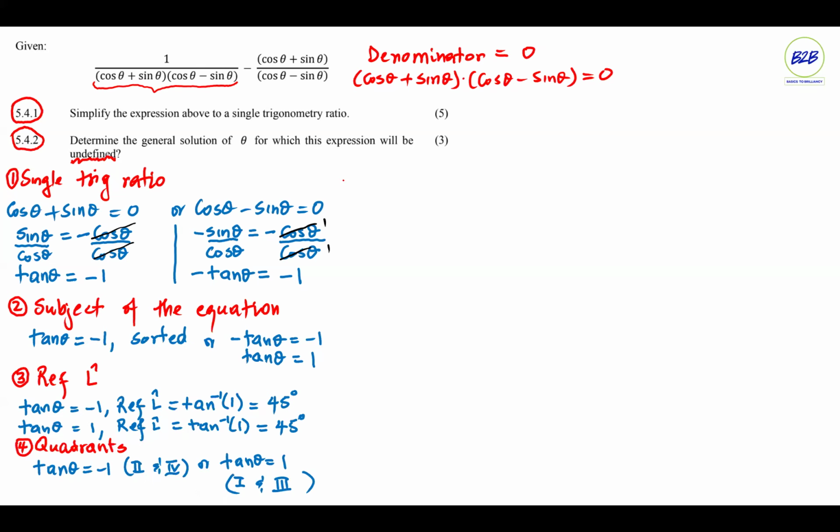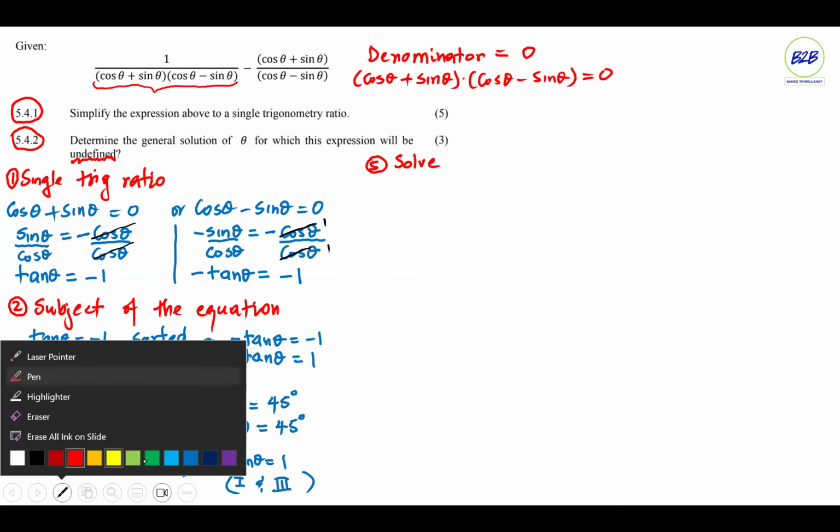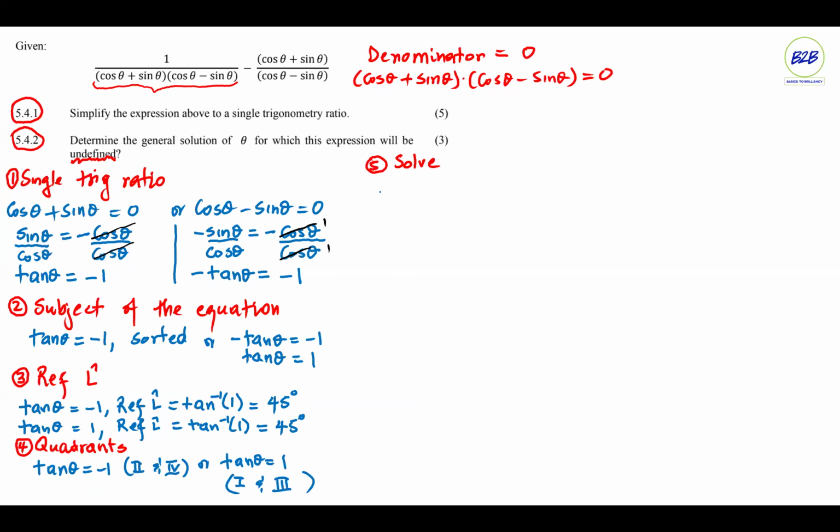Then let us go to our last step, which is step 5, to solve. All right. Now for the first equation, tan theta equal to -1. Remember, what is our reference angle? Reference angle is equal to 45 degrees. So we will pick the quadrant first. For tan theta equal to -1, we have the second quadrant that we are going to use.